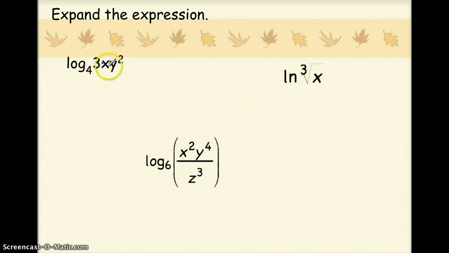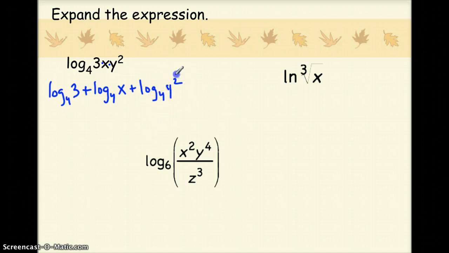So we have a 3 times a x times a y squared. All of that will get broken up. So every time you see a multiplication sign, break it up with an addition sign, and you have to write that log base 4 every time. So I have a log base 4 of 3 plus a log base 4 of x plus a log base 4 of y squared.